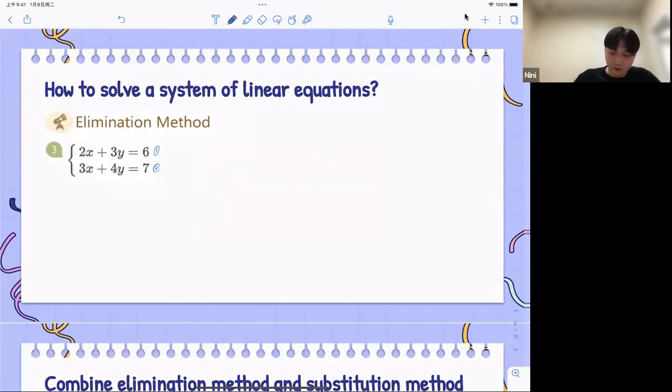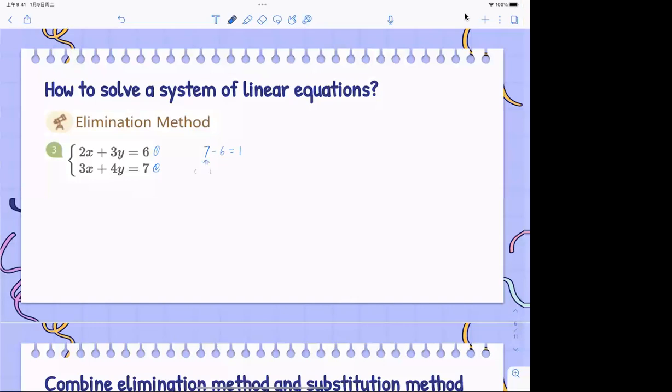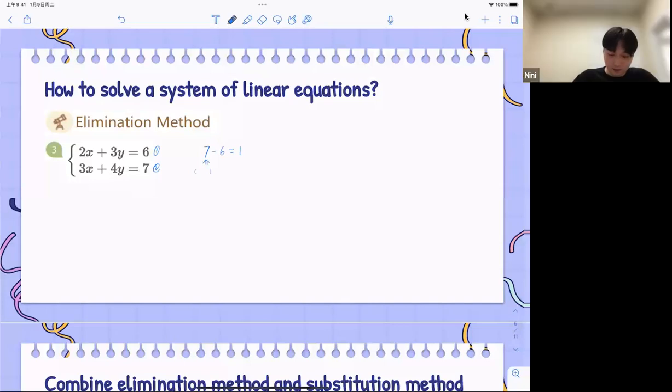If we write it down as 7 minus 6, which is equal to 1, right? So right now we know that there is a polynomial here which is equal to 7. And here we got another polynomial, which is equal to 6.